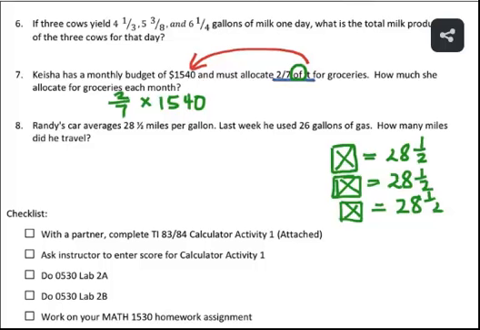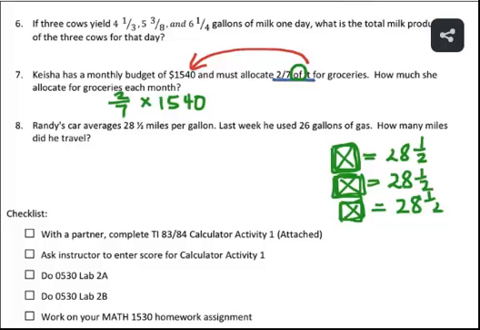Did he end up putting in his tank total? 26 of those, right? So we could add up all our boxes after we've drawn those, and that would be 26, right? And each time we're getting 28 1/2. We could add all that up, but what's the simpler way to get this result?